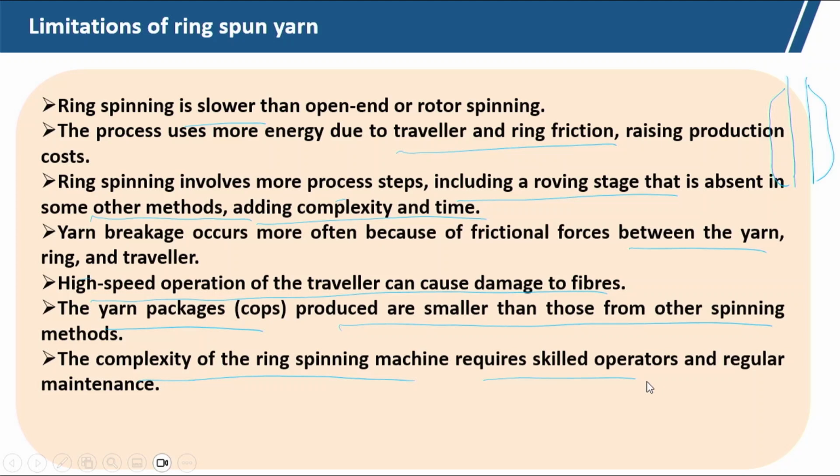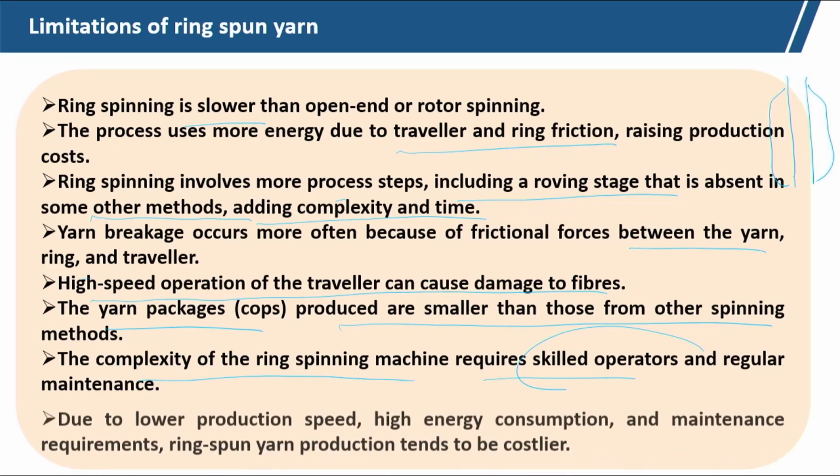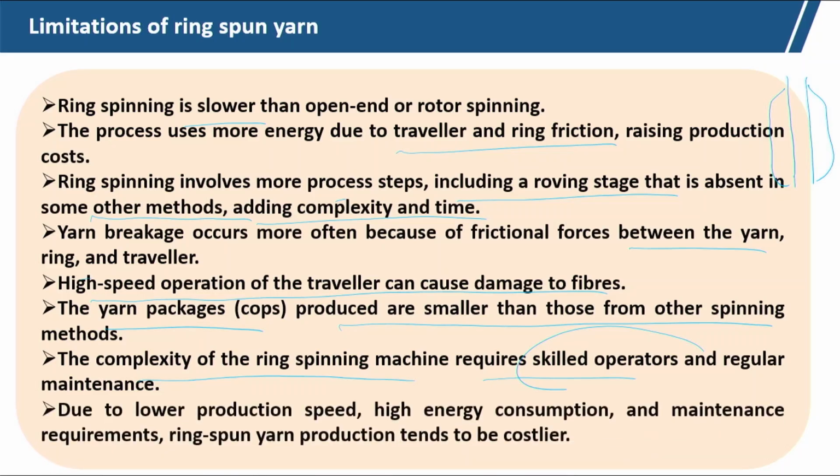In case of end breakage we need a skilled operator. So, due to lower productivity, high energy consumption and higher maintenance requirement, ring spun yarn production tends to be costlier.